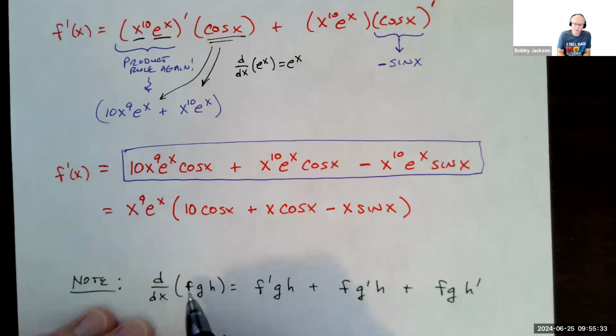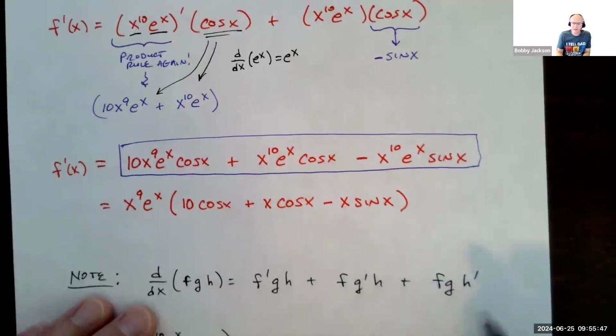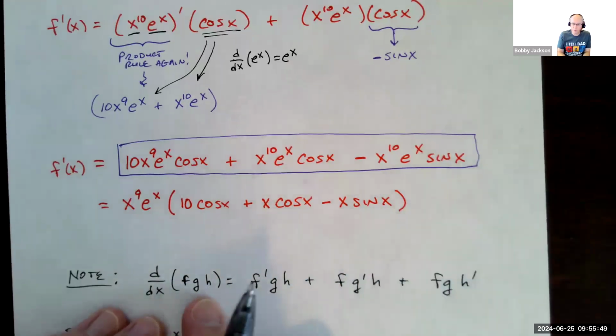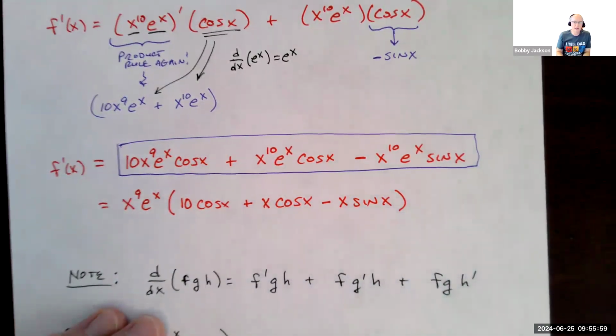If I have a product of f times g times h, the derivative of that is we take the derivative of the first function, f, times the other two, plus the derivative of the middle function, g, times the other two, plus the derivative of the last function, h, times the other two. And that's true for, if you have 4 functions together and you find the derivative of a product of 4 functions, you'll do the same thing. You have 4 terms, right, where you take the derivative of each individual function in the product, multiplying it by the other functions. That's the way it stands out.